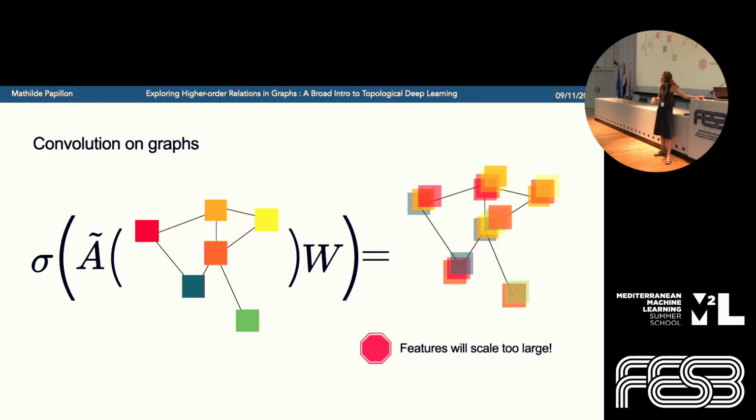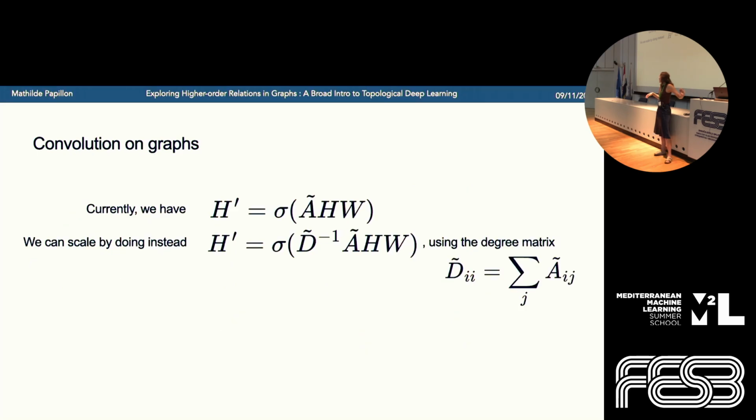And to scale, I'm going to use more regular mathematical notation, and we're going to call the features of the graph H, and the updated features H prime. And this is what we currently have. Now, instead of just using the adjacency matrix and the weight matrix, I'm going to scale by what we call the degree matrix, which counts the amount of nodes that each node is connected to.